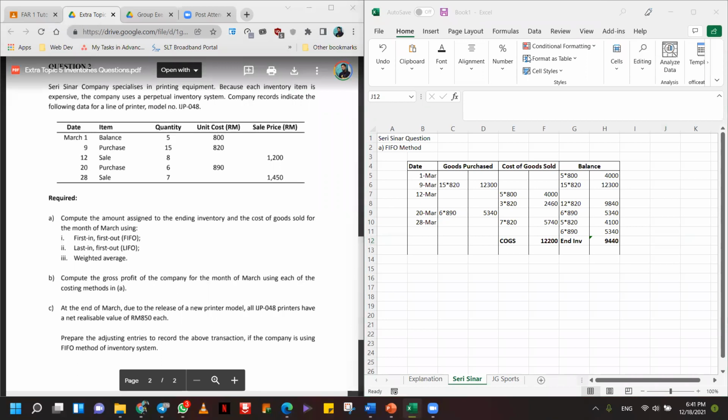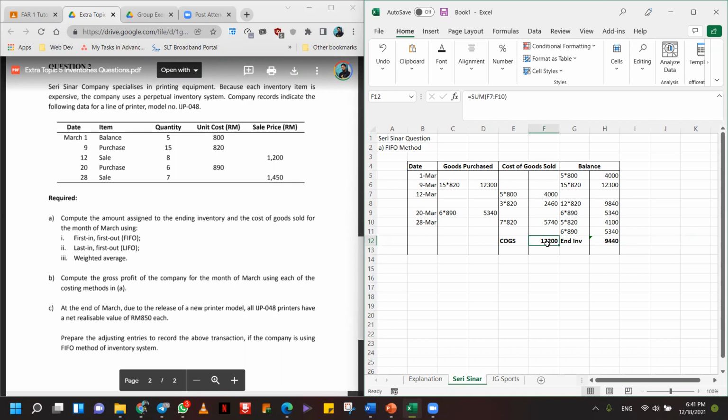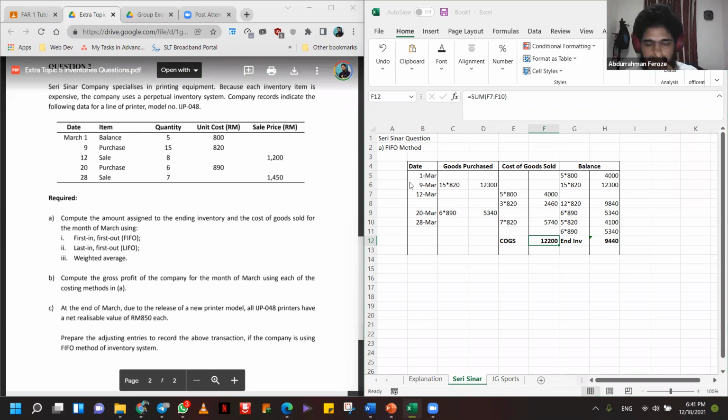You don't understand how the cost of goods is 12,200? From 12 March, 5 times 800. Can you type, because your voice is very unclear for some reason.